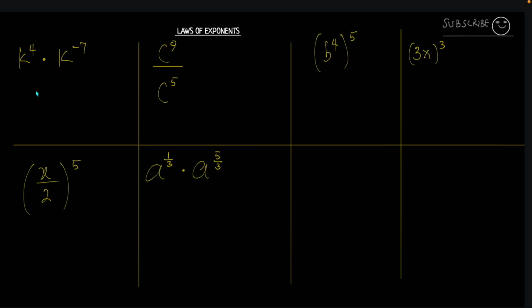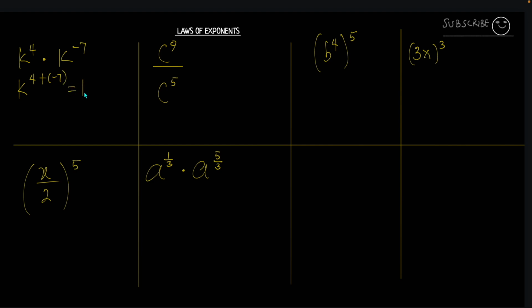Let's look at the application of some of the laws that we've learned. First, we are taking k to the power of 4 to multiply k to the power of -7. Now that it has been established that they have a common base, and we are multiplying, then you have to add the exponent, k raised to the power of 4 plus -7.